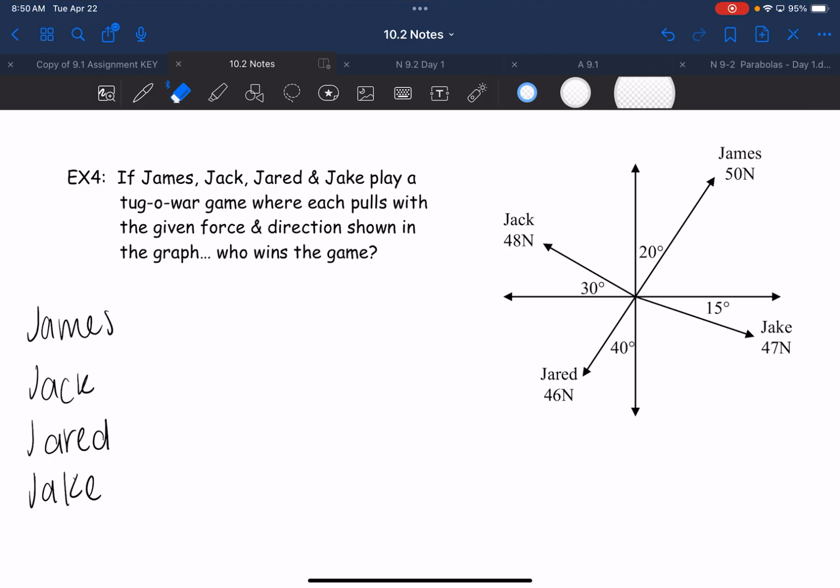Why does this guy get to go this way? They're still going the same direction. This is 20 degrees from 90. If we go this way, it would be going against, it would be negative.